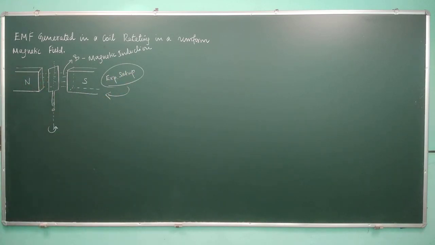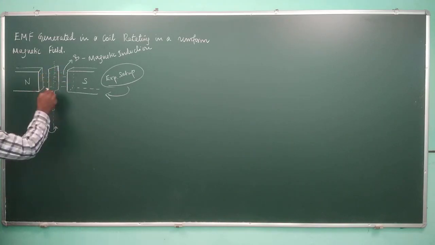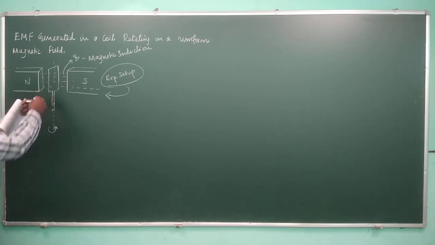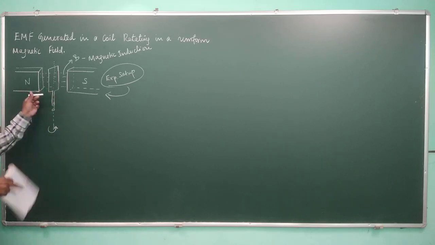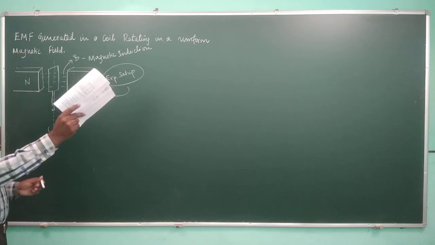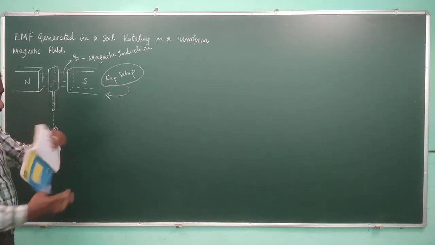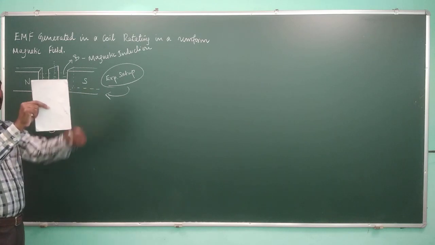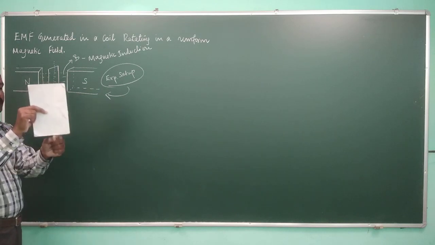Now assume a situation where this rectangular coil lies perpendicular to the field of the magnetic induction. If magnetic field lines are going in this direction, assume that this book is the rectangular coil, and we are taking the outputs here.